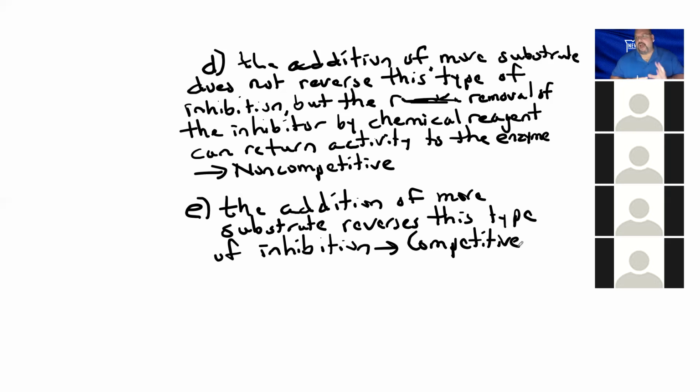And if we tilt the odds in favor of the substrate getting to the active site first, that's going to slow or reverse the inhibition. So in competitive inhibition, if we add more substrate, that can really reverse the type of inhibition. All right. So that's some practice problems involving enzymes.